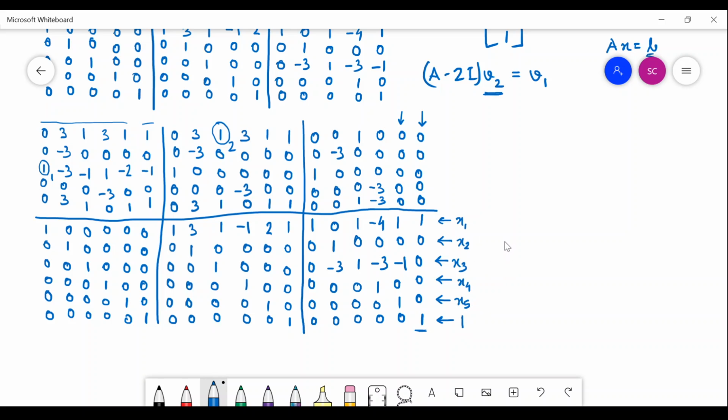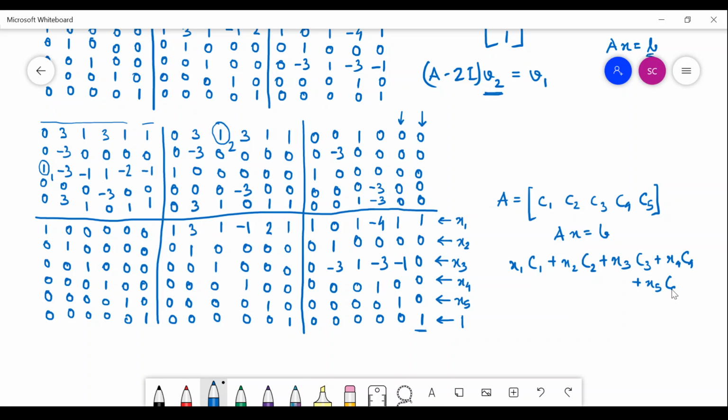So now your reading is like this: if A is composed of the column vectors C1, C2, C3, C4, C5, then the solution of Ax equals B tells you that x1 times c1 plus x2 times c2 plus x3 times c3, x4 times c4, x5 times c5 equals your B. And this is exactly what you wanted to find out from this relationship: these x1, x2, x3, x4, x5.